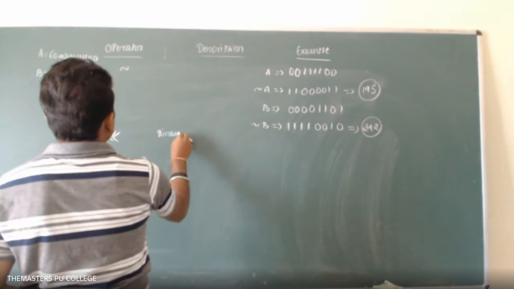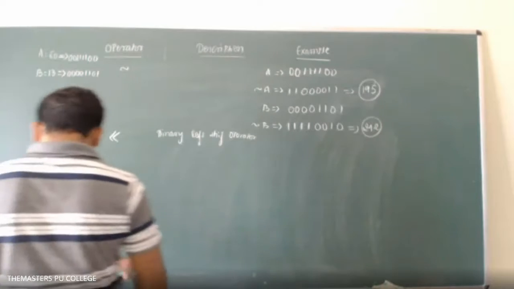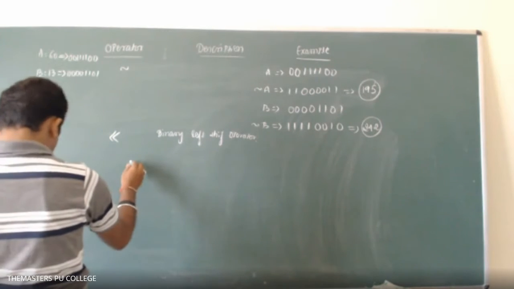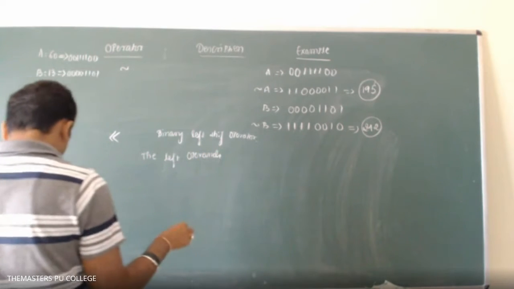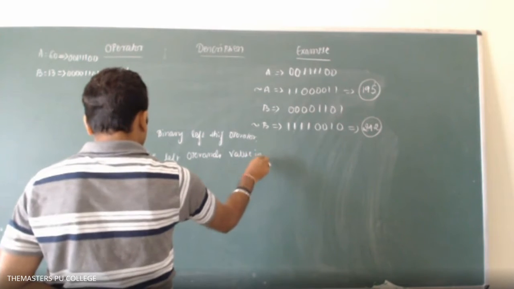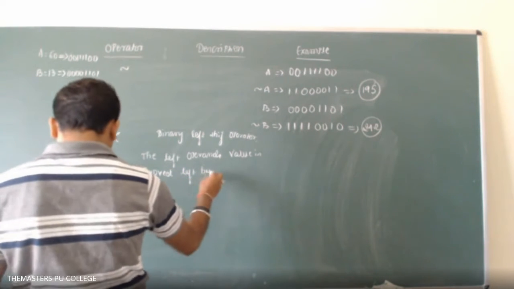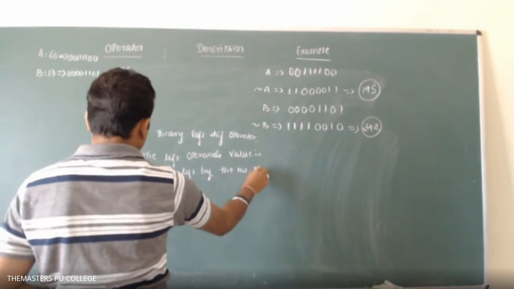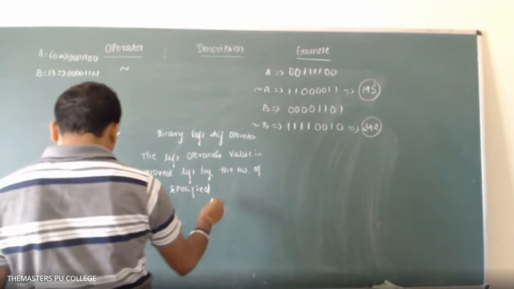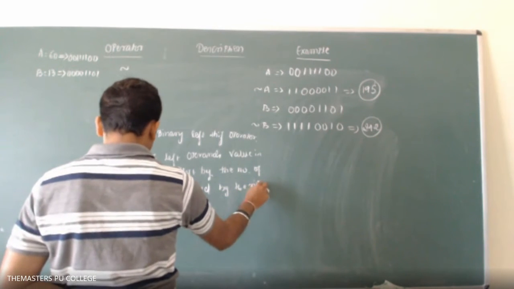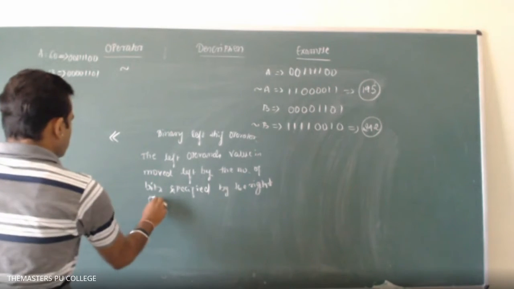The binary left shift operator: the left operand's value is moved left by the number of bits specified by the right operand.